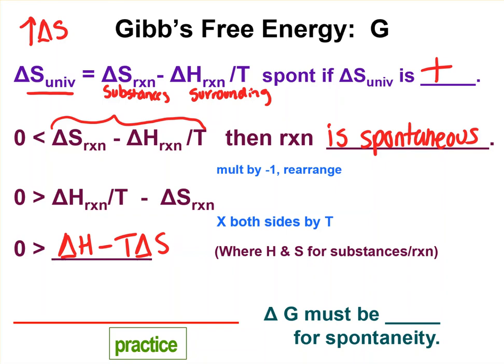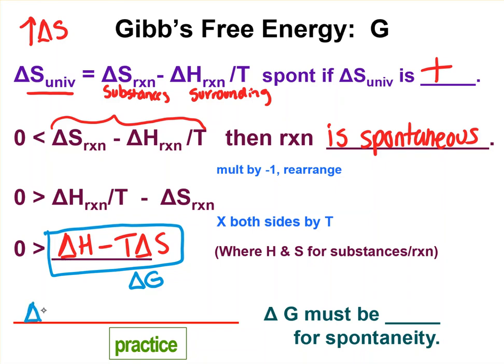And so this, you guys, is the definition of delta G. So it's a derived function based on entropy increasing for the universe. Change in Gibbs free energy takes into account both the changes for the substances and the changes for the surroundings that are being warmed.